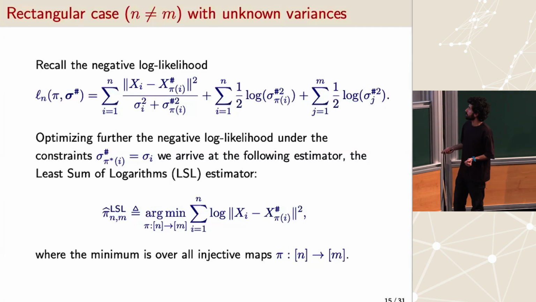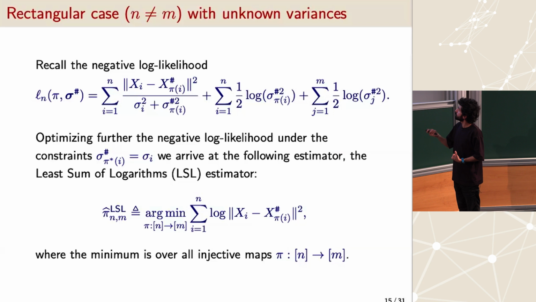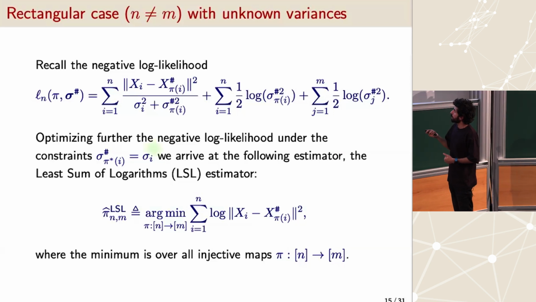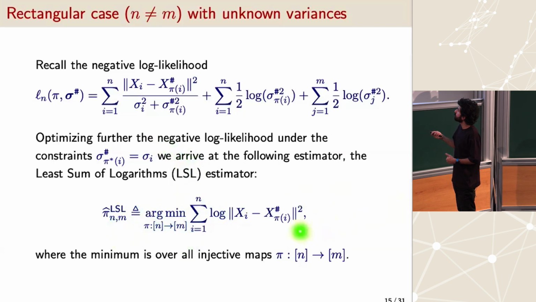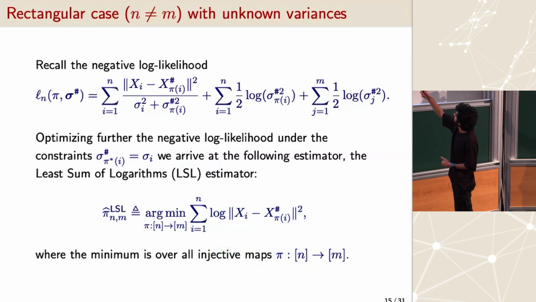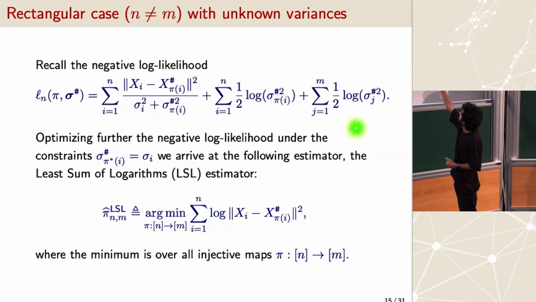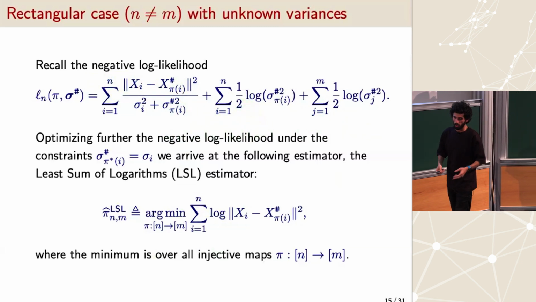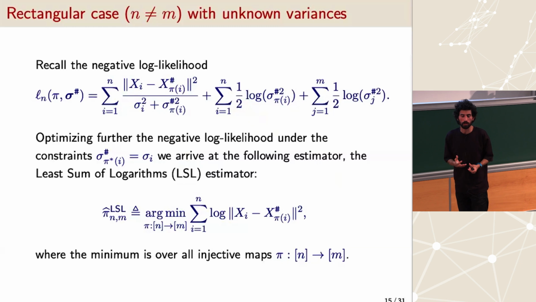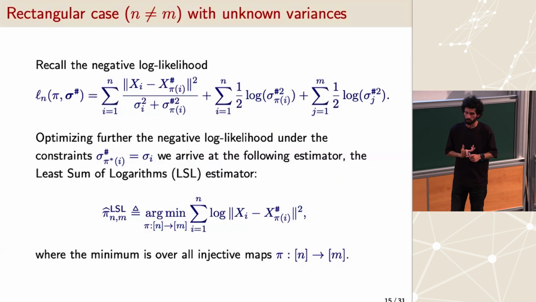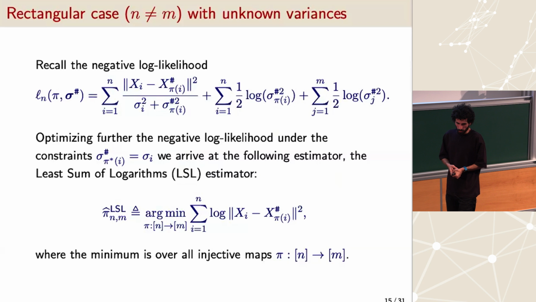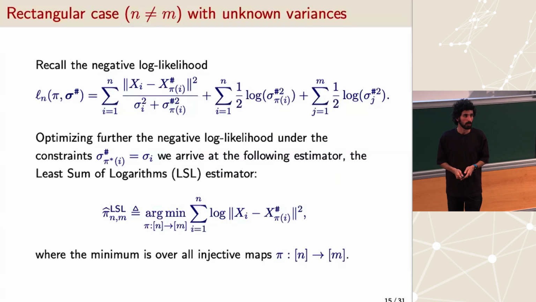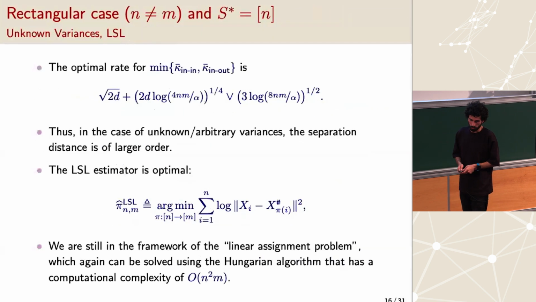After doing the calculation for optimizing this likelihood with respect to sigmas, we end up with the following result. Instead of these sigmas, we put the value of this distance, and it becomes the sum of log of distances. So this is the estimator for the case that sigmas are unknown.